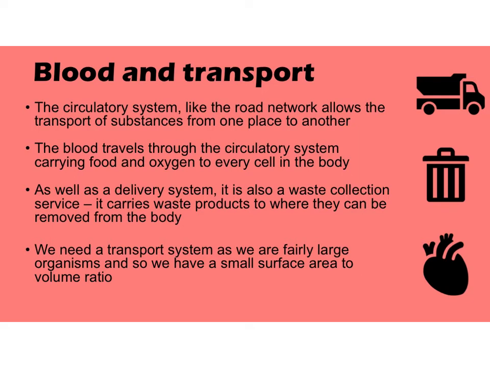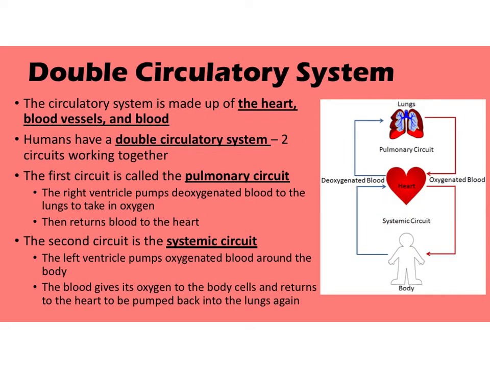And as well as a delivery system, it also acts as a waste collection service. It carries waste products to where they can be removed from the body. We need a transport system like this as we are fairly large organisms and we have a small surface area to volume ratio. The circulatory system is made up of the heart, blood vessels, and blood.